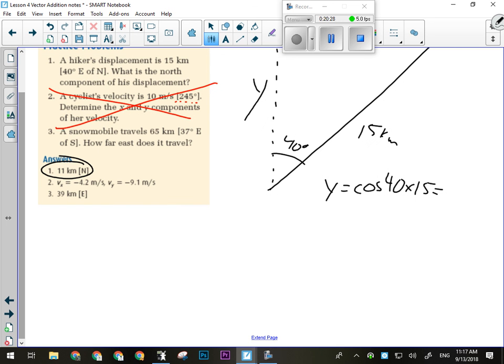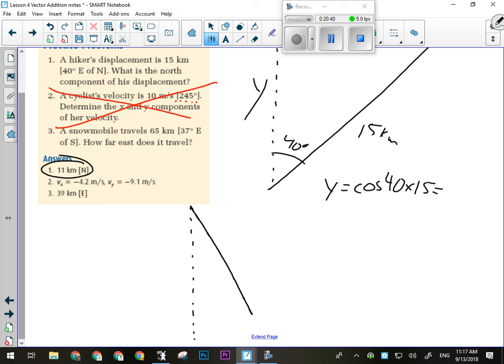A snowmobile travels 65 kilometers, 37 degrees east of south. Similar thing. First thing I want to do is draw that vector. The reference vector is south. It's 37 degrees east of south, and it's 65 kilometers. We're looking for how far east.